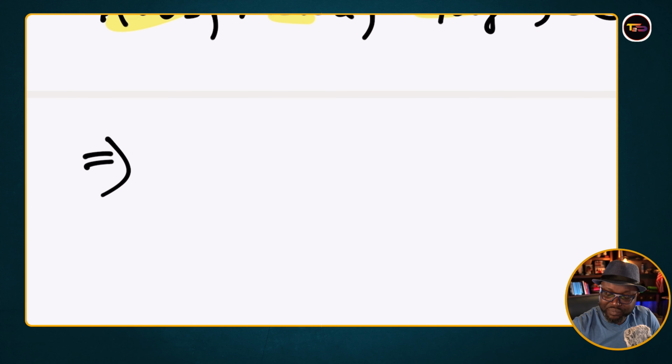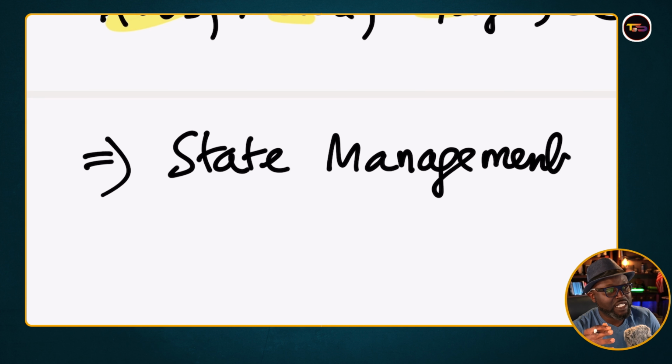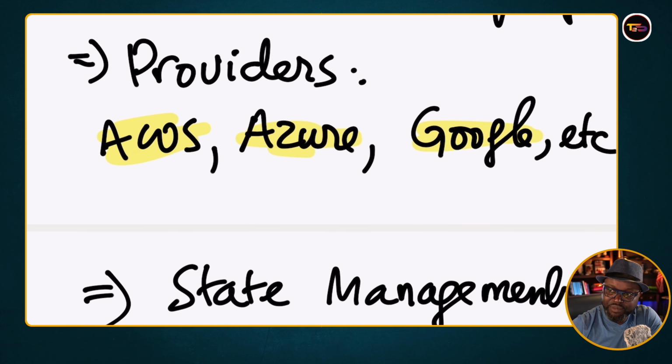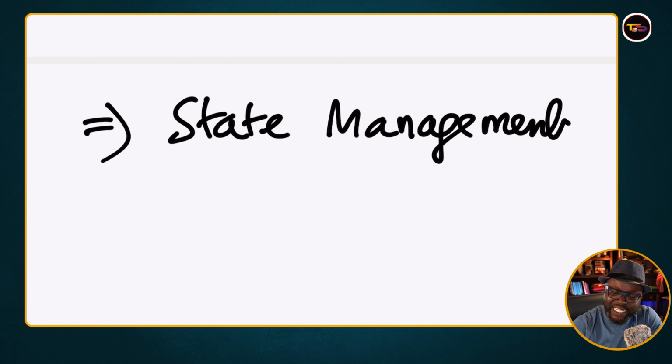Next, what you have to understand is this concept here, state management. Every time you run Terraform configuration files, you initialize first. When you initialize the Terraform configuration environment, it communicates with the providers, and as part of that process it creates a state file.